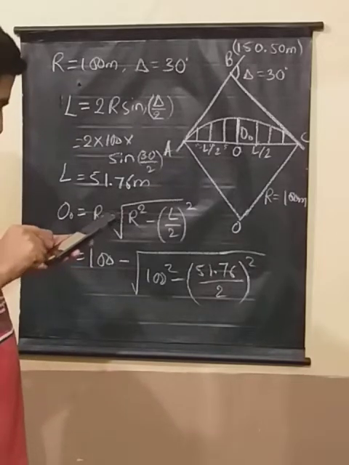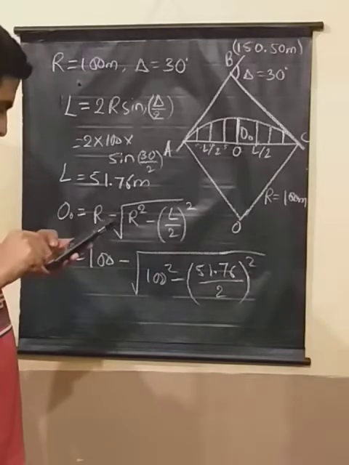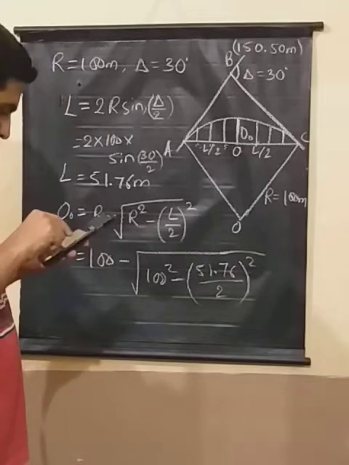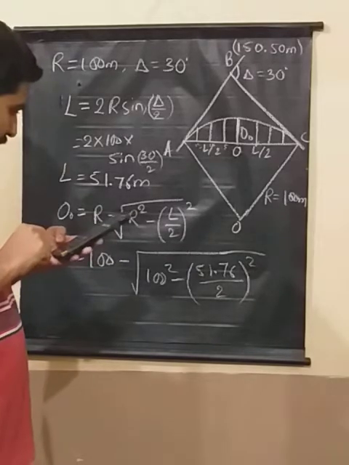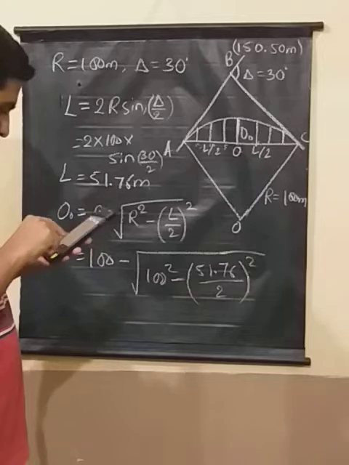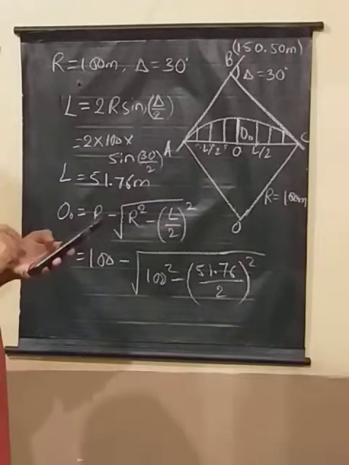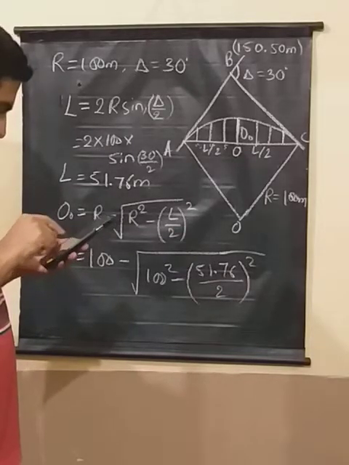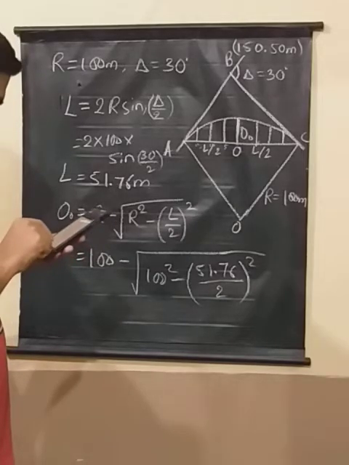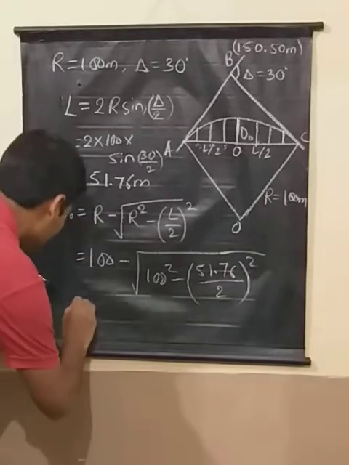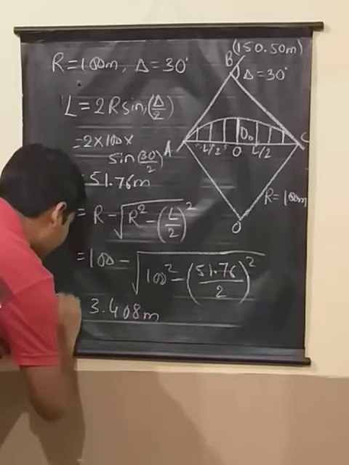51.76 by 2, square, then minus 100 square, so that comes around 9330, minus 100, so that comes around 3.408 meters.